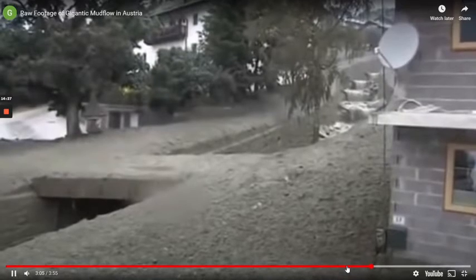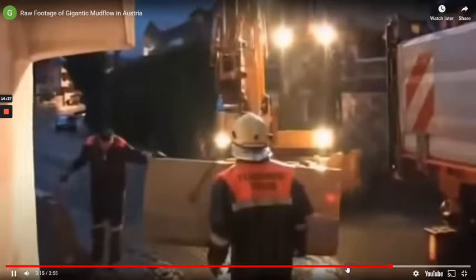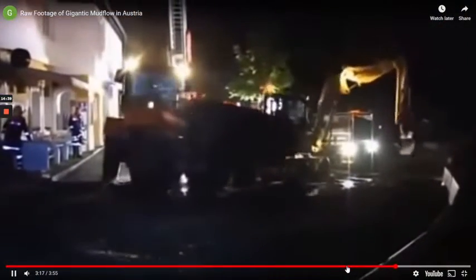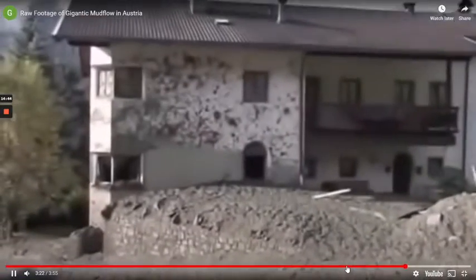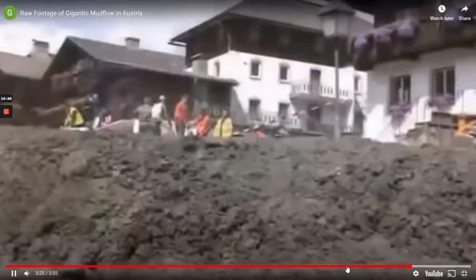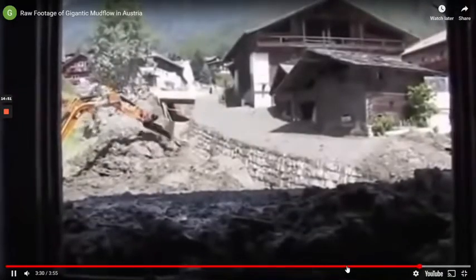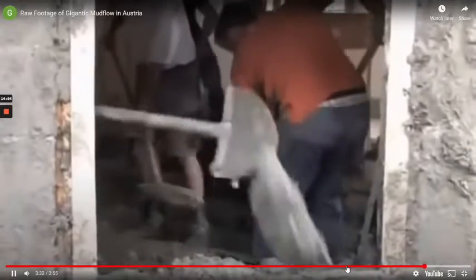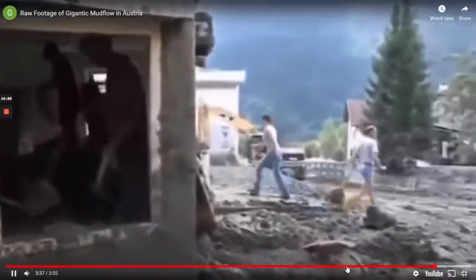If you ever had to clean up any of the debris after our own flooding, you know how unfun that is, and it would take them weeks to really clear up all of this mud. And as it dries, it's just going to turn into almost cement.